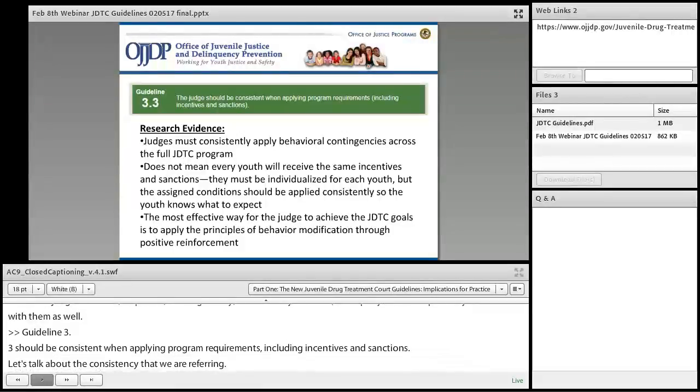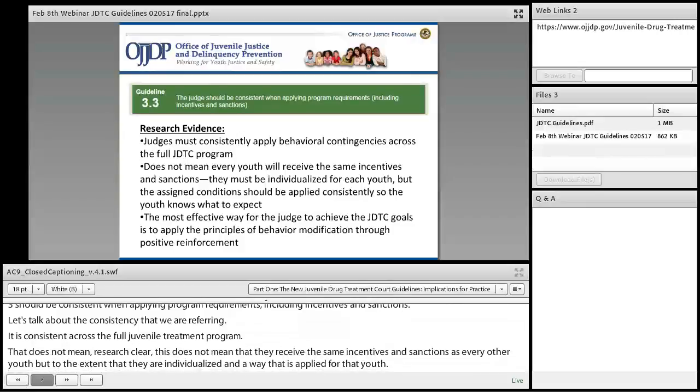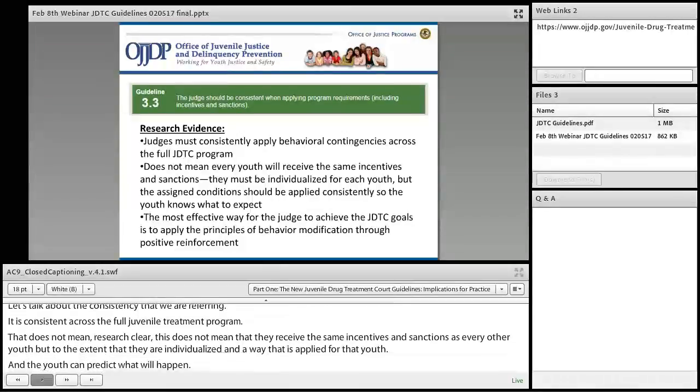The research is clear that this doesn't mean that youth are receiving the same incentives and sanctions as every other youth, but that to the extent that they're individualized, they're applied consistently for that youth, and the youth can predict what's going to happen based on their behavior, what kind of incentive might be applied versus what kind of sanction might be applied.